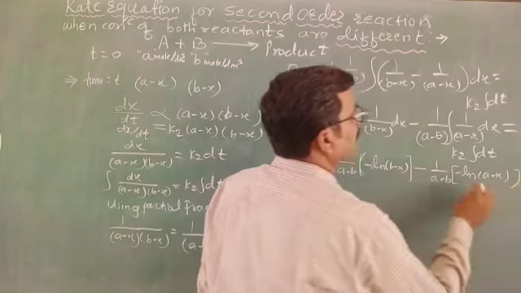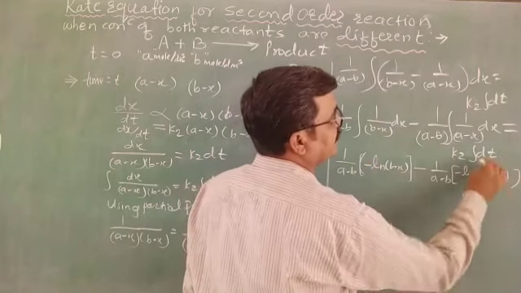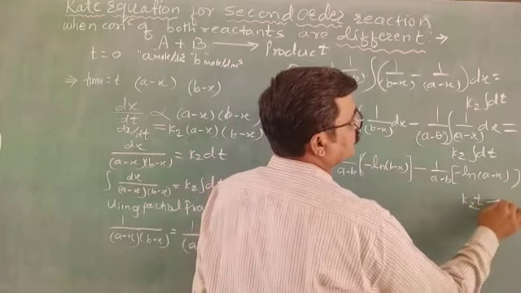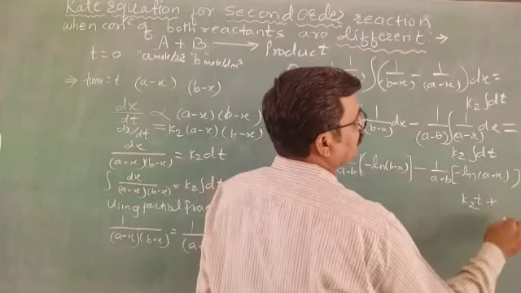Okay, now integration of dt is t, that's why k2 into t plus c, where c is the constant of integration. Now this equation becomes 1 upon a minus b common from both of these two, then minus minus becomes plus, that's why ln a minus x minus ln b minus x.